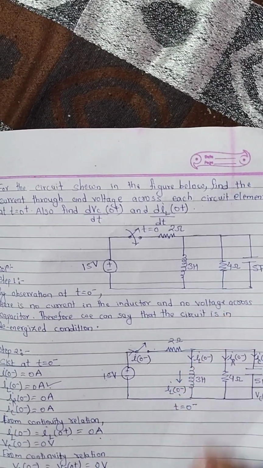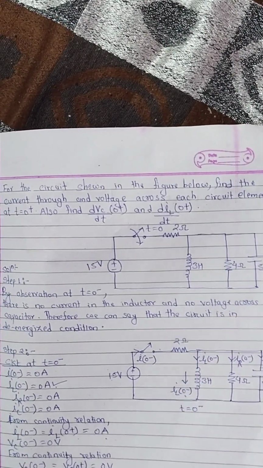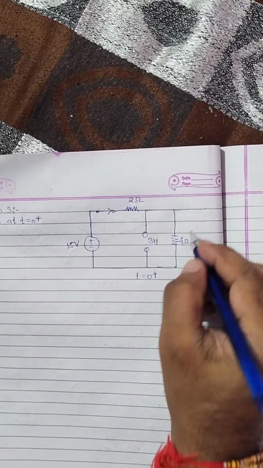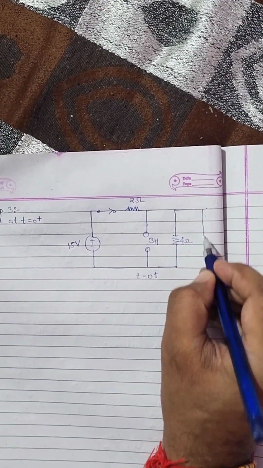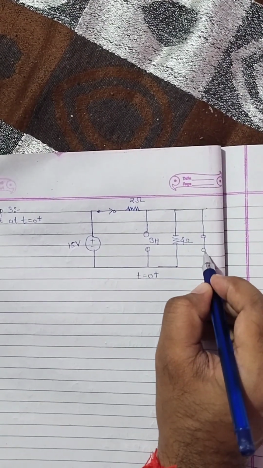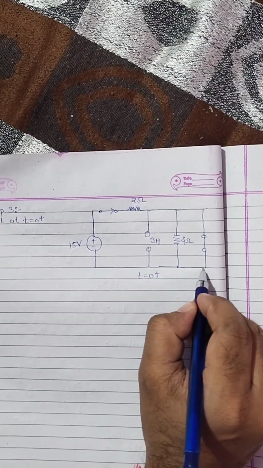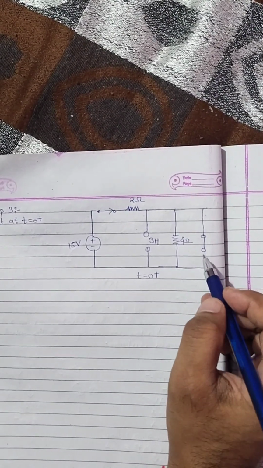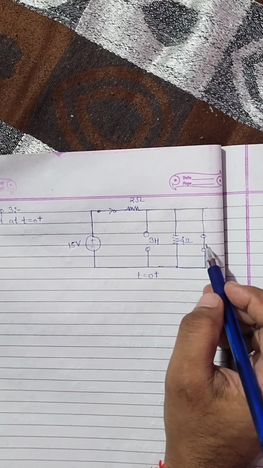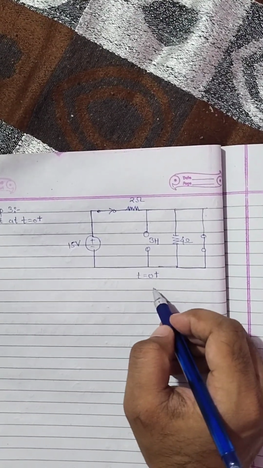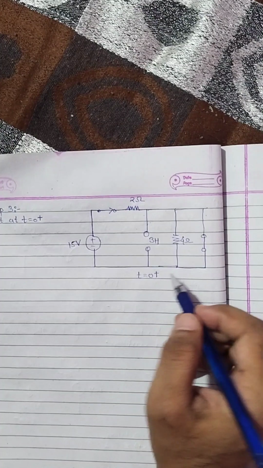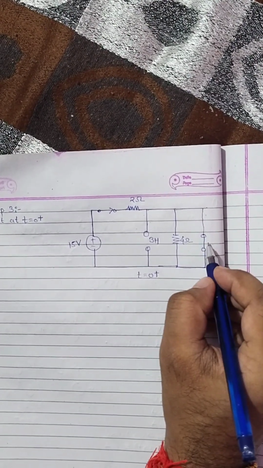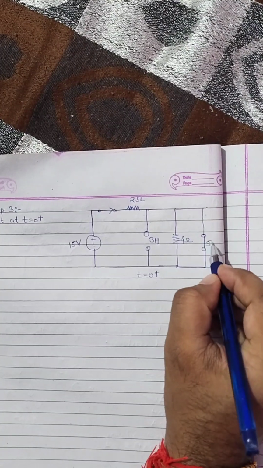So a de-energized capacitor at t equals 0 plus is replaced by a short circuit according to the table. The de-energized capacitor is replaced by a short circuit at t equals 0 plus, but physically there is a capacitor of 5 farad.